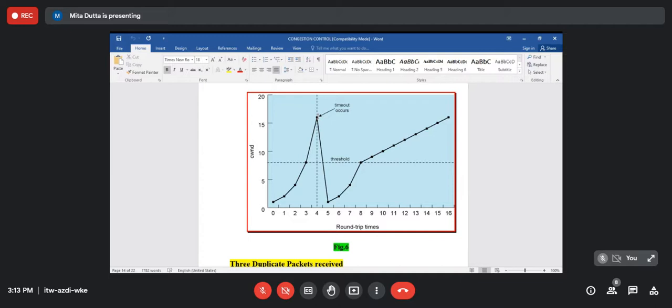It drops the congestion window to 1 again, and then increases it exponentially, and when it crosses the threshold, it again increases linearly. Is the timeout situation clear? Yes.